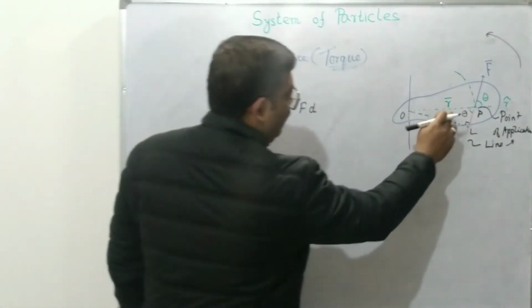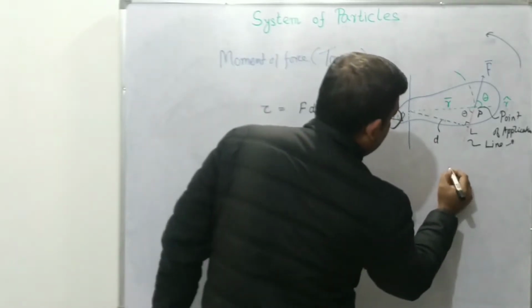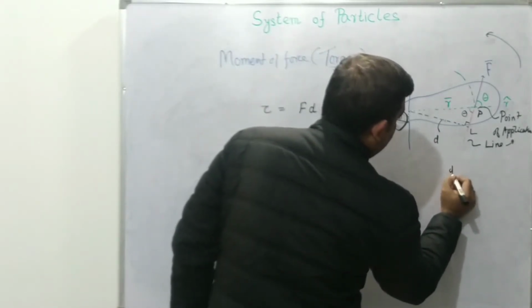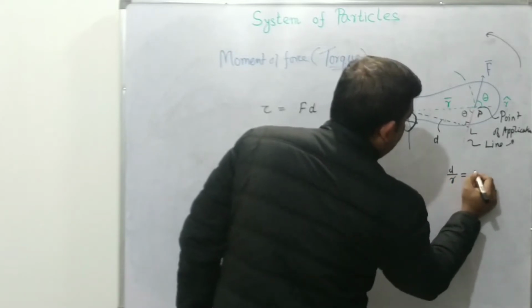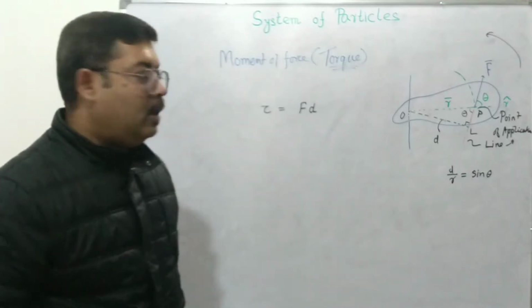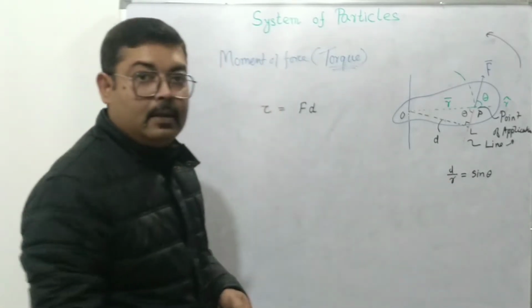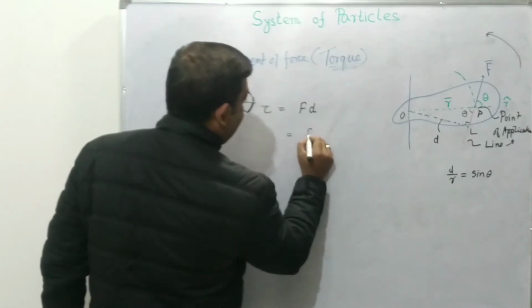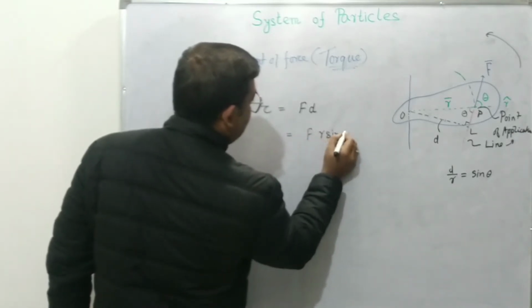So using trigonometry we can say that D by R equals sin theta, or D equals R sin theta. So we can rewrite this as F into R sin theta.